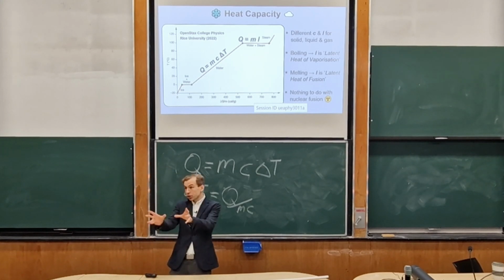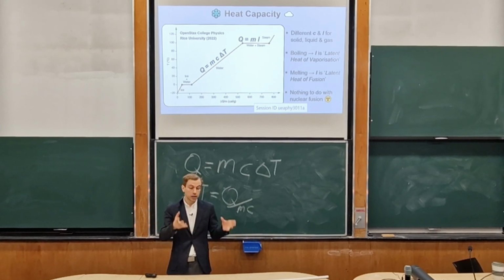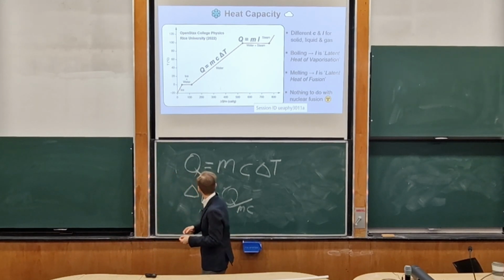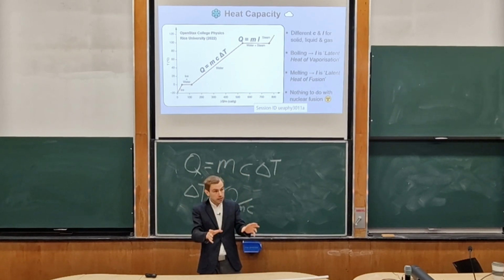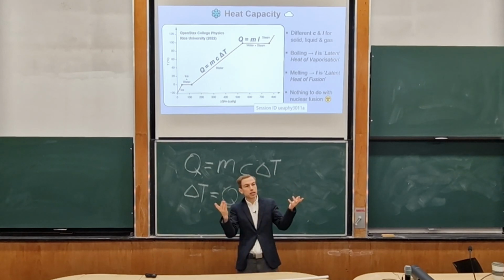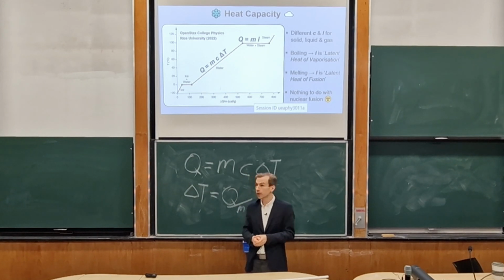If we're just thinking about water, there are actually 5 different values we need to bear in mind to describe everything that goes on from turning ice all the way into steam. We need to know the heat capacity when it's ice. We then need to know the latent heat of fusion, so how much mass we can turn into water for the energy we put into it.